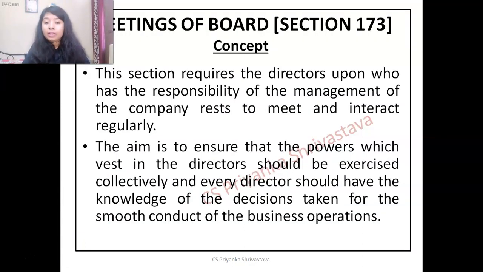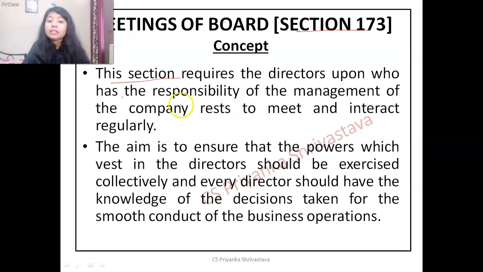Now, we are starting with the concept of the meeting of the board, section 173. So let us see what is written here, then we'll understand the concept. First it says that this section requires the directors upon whom the responsibility of the management of the company rests to meet and interact regularly.